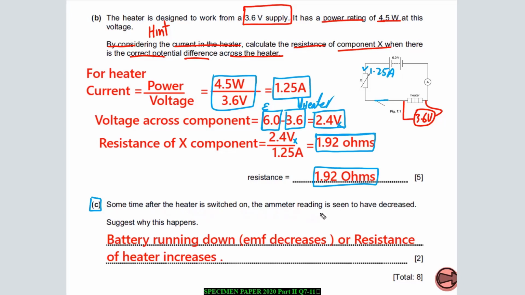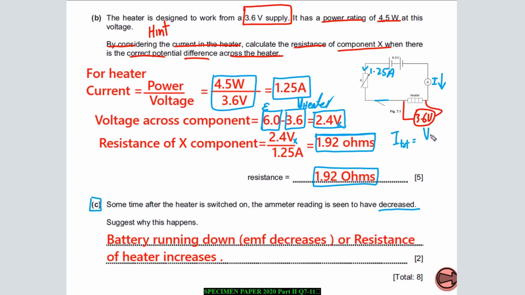Now let's move on to part C. Sometime after the heater is switched on, the ammeter reading has decreased. If the reading of this ammeter goes down, what can be the reason? There are two possibilities, because the current in the circuit, I total, depends on two things.